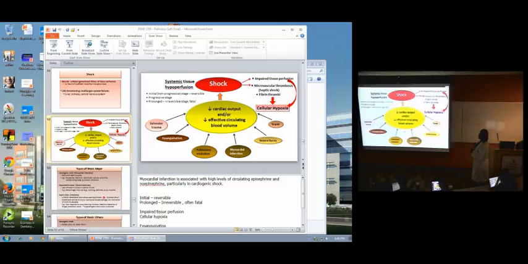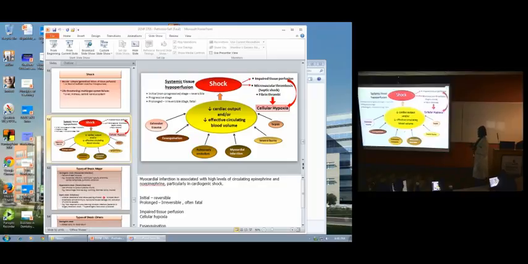But when it's due to sepsis, in addition to that, you tend to have microvascular thrombosis. Because of the shock you have impaired tissue perfusion, microvascular thrombi, and the end result is cellular hypoxia.